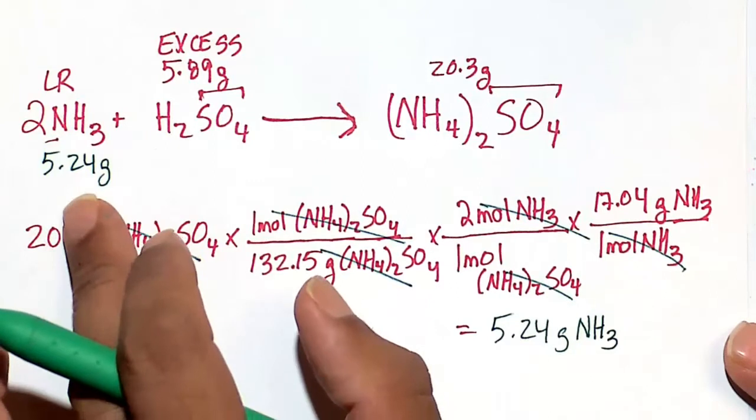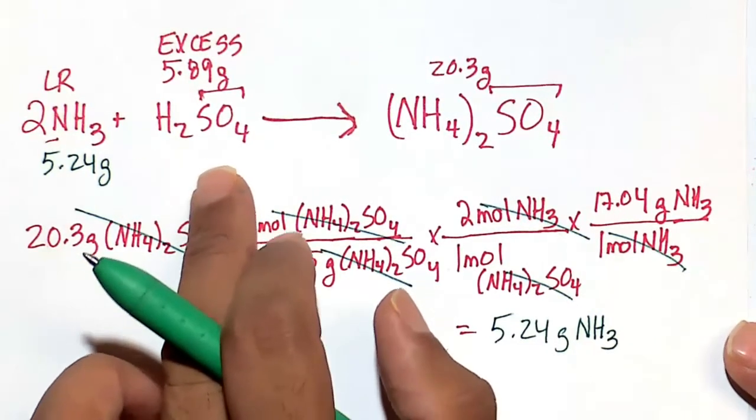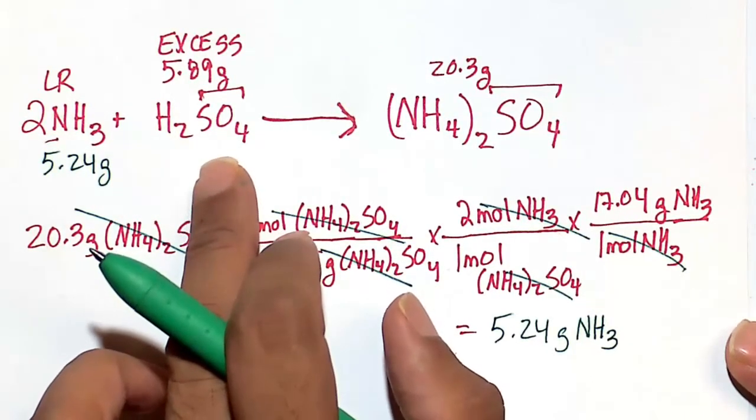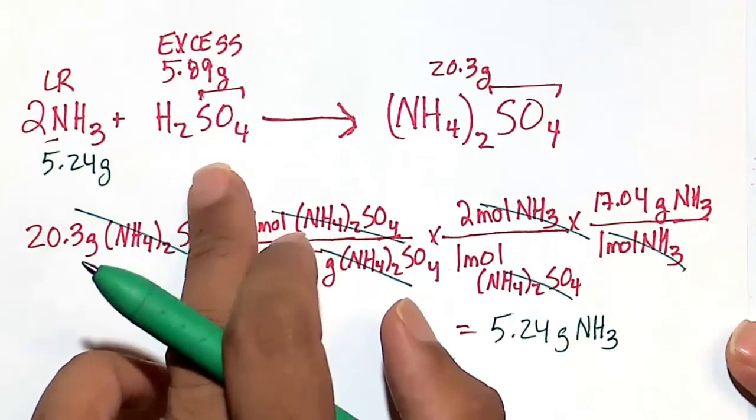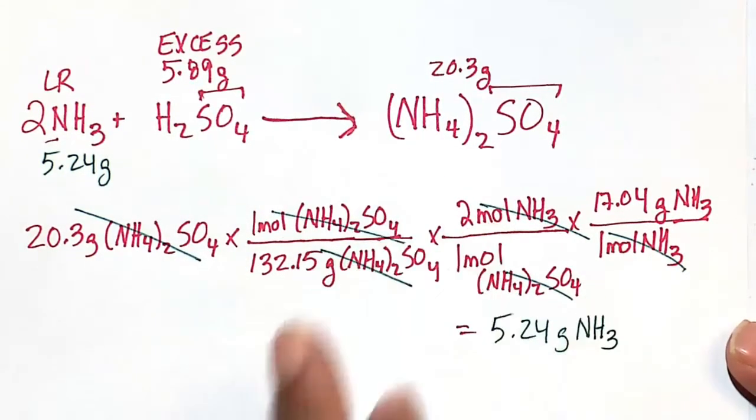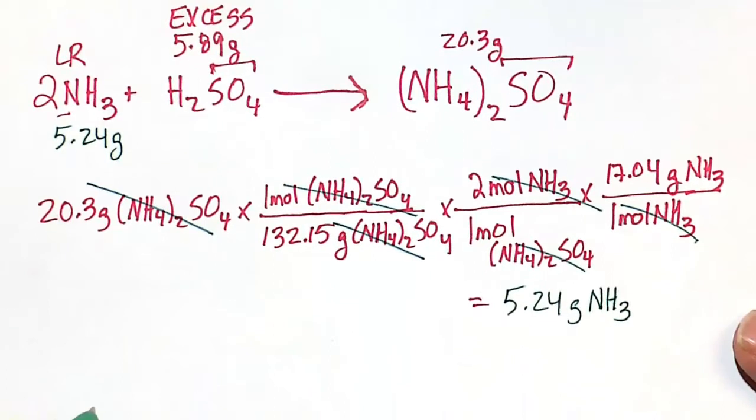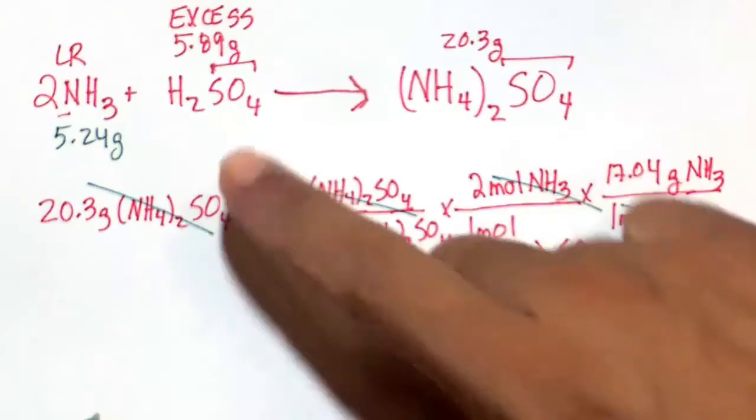Now how much of this reacts with that? Remember, this sets the limit. The limiting reactant sets the limit on everything, how much the excess reacts and how much of the product is produced. So it's going to set the limit on how much of this reacted.